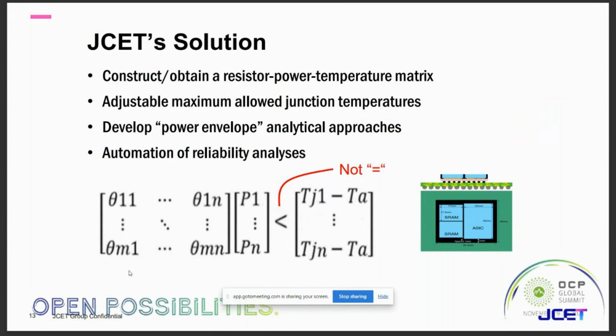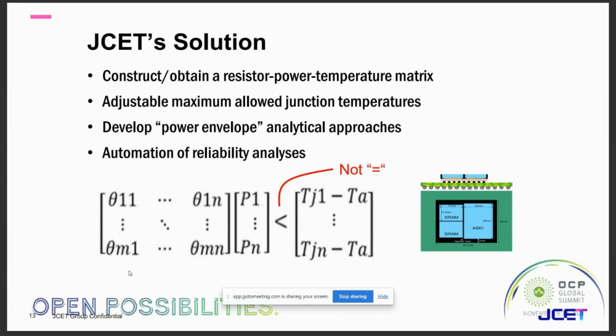Suppose we have 7 dies, then we input 7 powers, and based on the junction temperatures we can find the accumulated junction temperature. We will be able to construct a thermal resistor matrix. And the good thing about this is that we can vary the junction temperature. This is going to be very beneficial, especially for the SRAM and the ASIC.